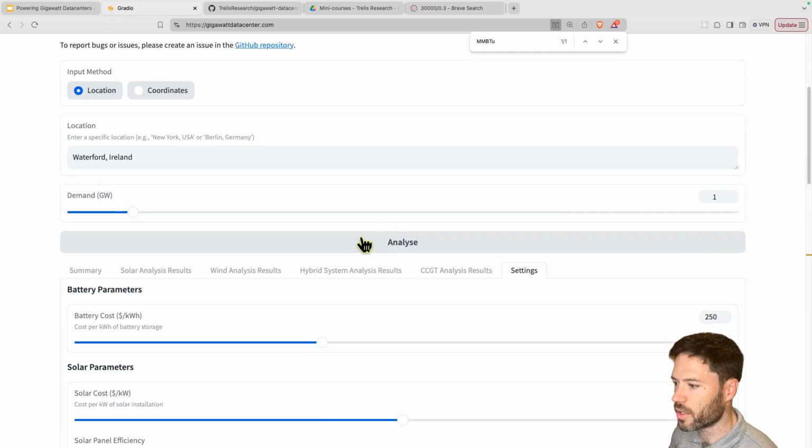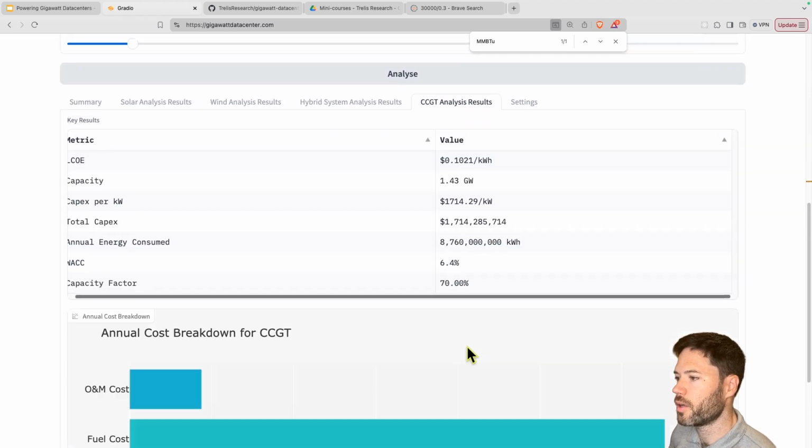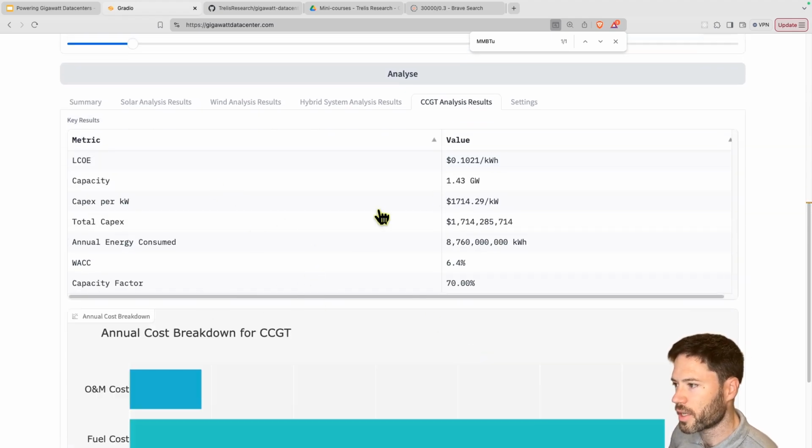So if I run this analysis here, and we should see it appear here in the combined cycle, we've got a levelized cost of power of about 10 cents. The capacity is 1.43 because we're overbuilding, as I said. The CapEx is $1,700 per kilowatt, 1.7 billion in total. And here's the weighted cost of capital, 6.4.